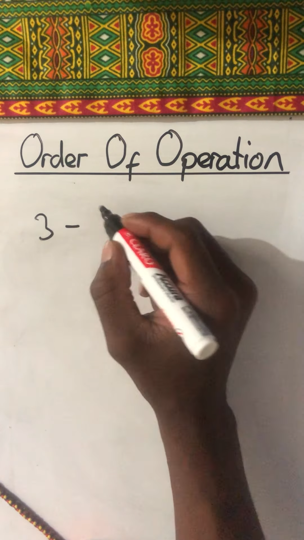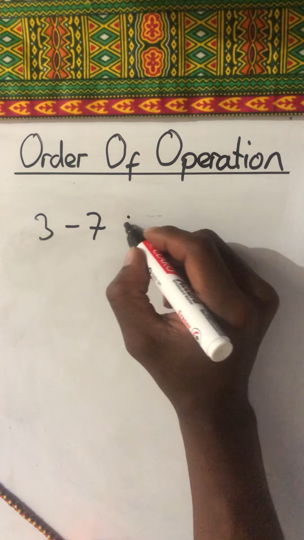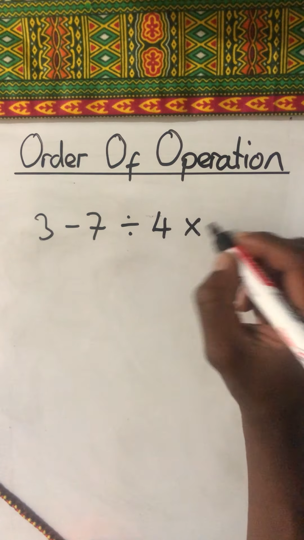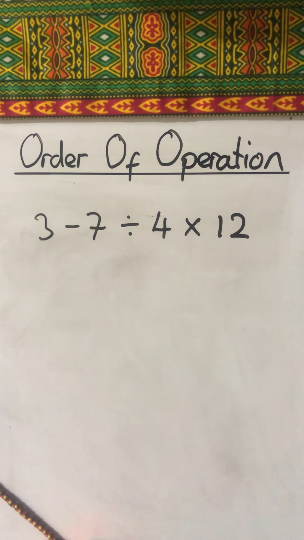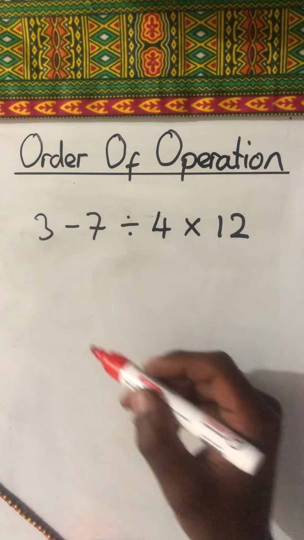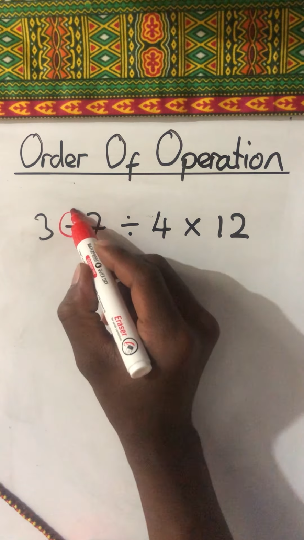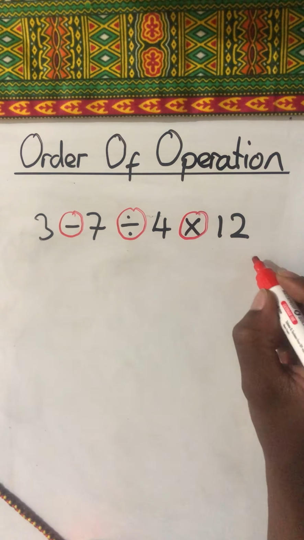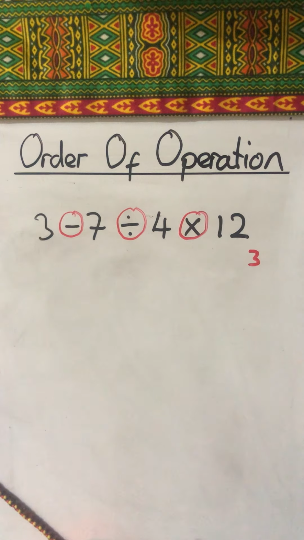We have 3 minus 7 divided by 4 times 12. How many operations do we have in this expression? We've got the first one here, the second one, and then the third one. So we have a total of 3 operations in this expression.